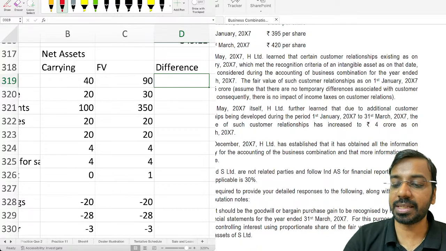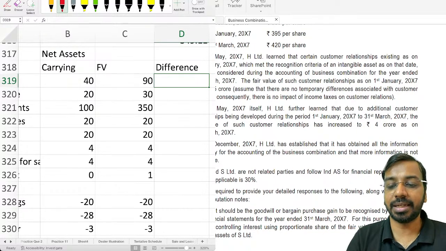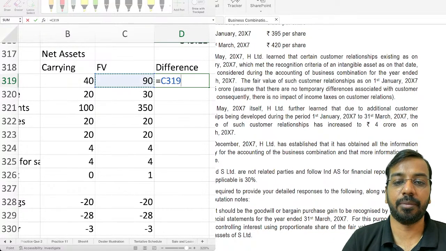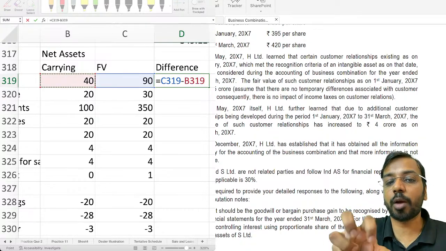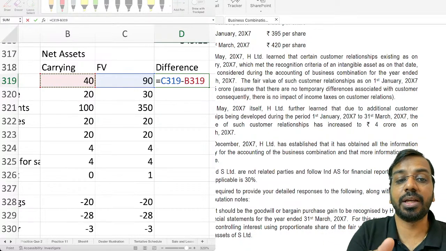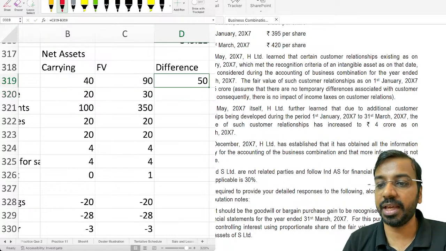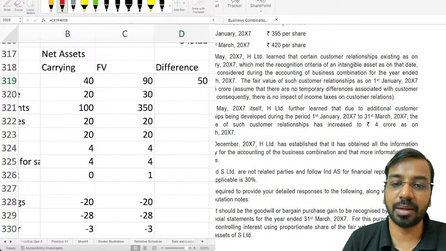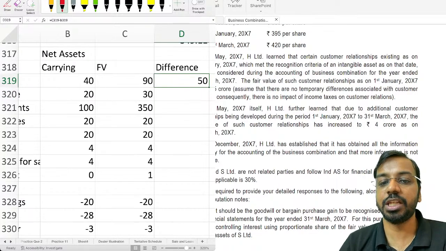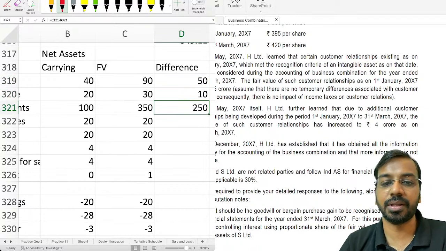So if the asset is higher, now here my asset is 90, my tax base is 40. After I incorporate the asset, my carrying amount will increase, but the tax base will not increase. So this 50, 90 minus 40, will result in a taxable temporary difference. Same way, this will result in a taxable temporary difference, and this as well. Here no difference, no difference, no difference.